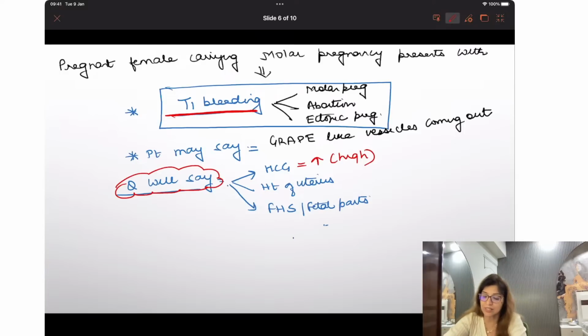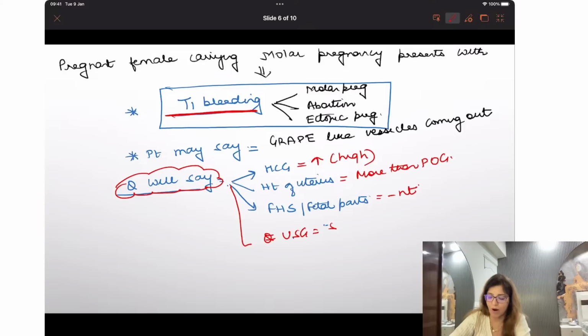Or your question says that height of the uterus is more than period of gestation, या अगर आपका question कहे कि fetal parts नहीं मिल रहे हैं, fetal heart sounds नहीं मिल रही हैं, या अगर question कहे कि अल्ट्रासाउंड में you are getting snowstorm appearance.